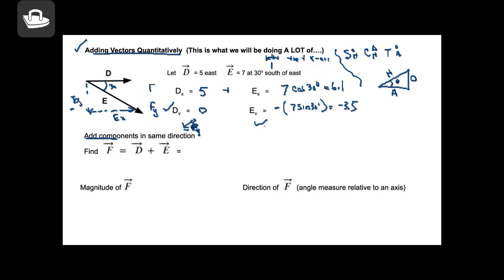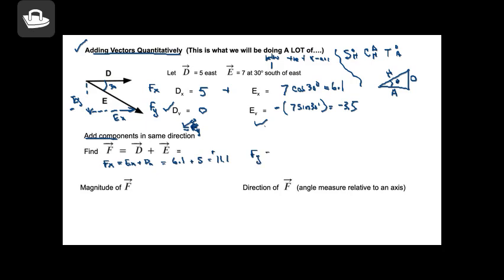So F sub x is equal to E sub x plus D sub x, just the x components. That's going to be 6.1 plus 5, which is 11.1, in the positive x direction. And then F sub y is going to be 0 minus 3.5, so F sub y is just going to be minus 3.5.